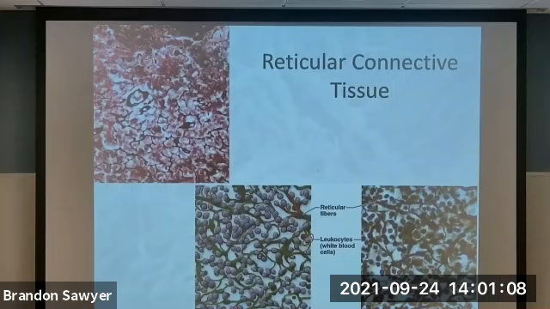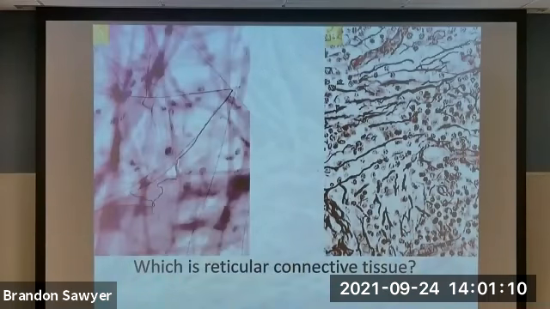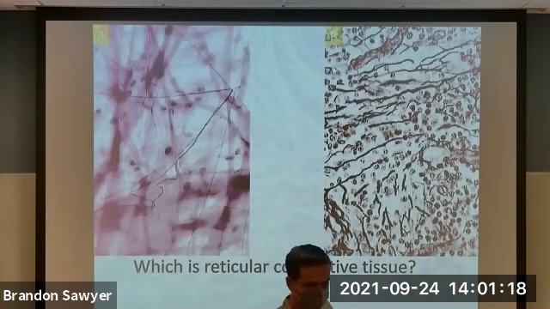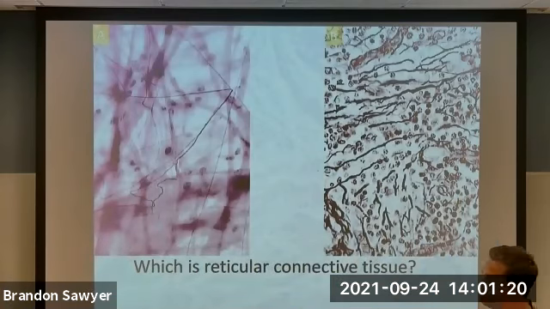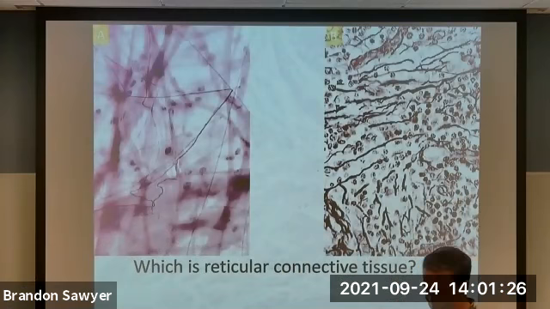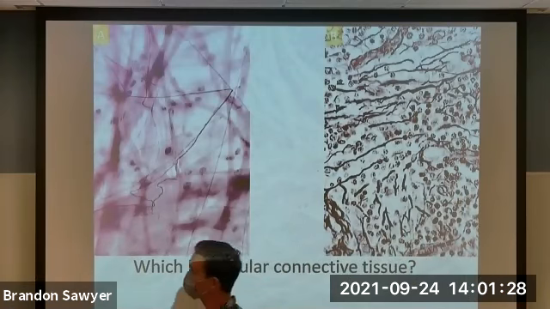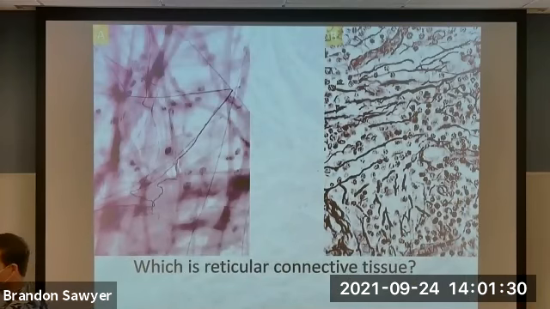Let's do another question here. Which one of these is reticular connective tissue? All right, about another 10 seconds.